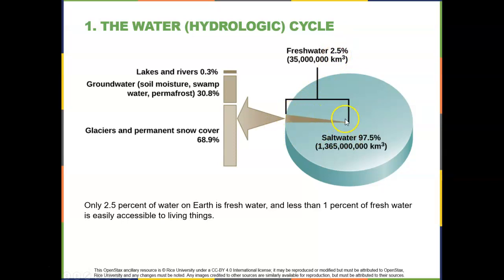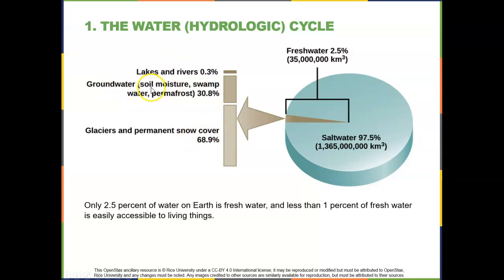And then if we take this tiny sliver of the pie and we look at where the fresh water is found, we find that the majority of it is locked up as frozen water in glaciers or permanent snow cover, almost 70%. Then we do find some as groundwater.